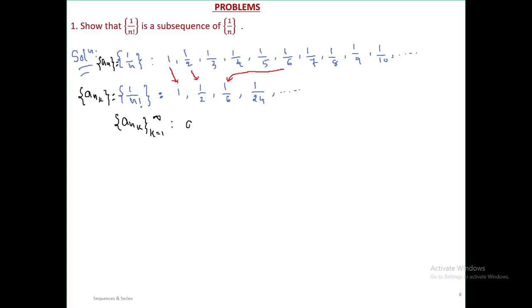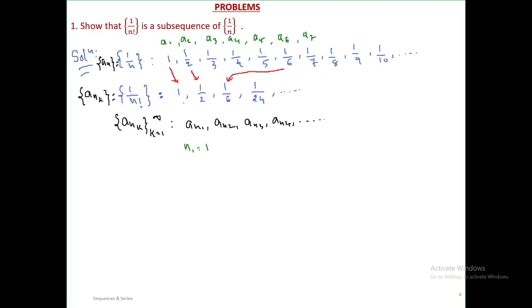You will get a_n1, next a_n2, next a_n3, a_n4, and so on. What is n1 here, can you guess? This is the first term, a_n1, and n1 is nothing but 1 here. That means this is a1, this is a2, so all these are the terms of the sequence.